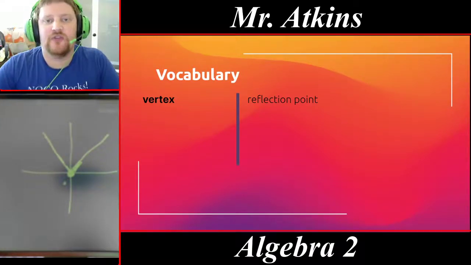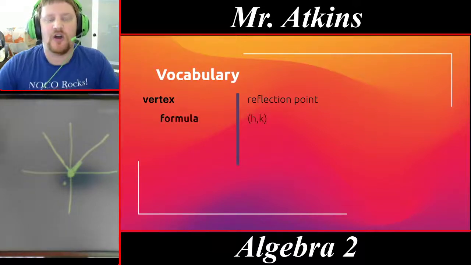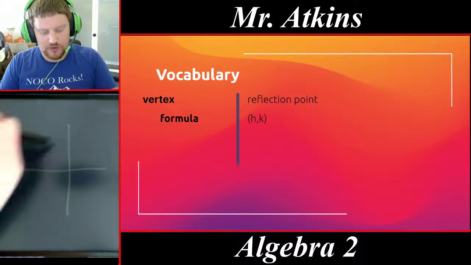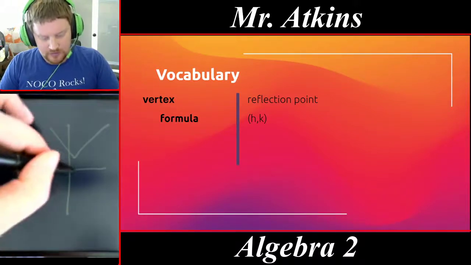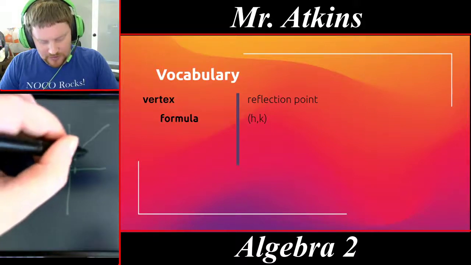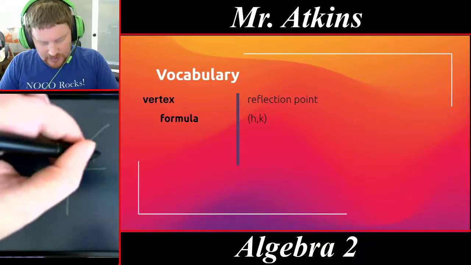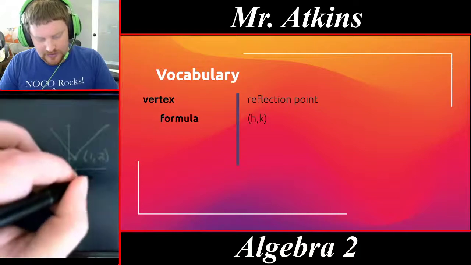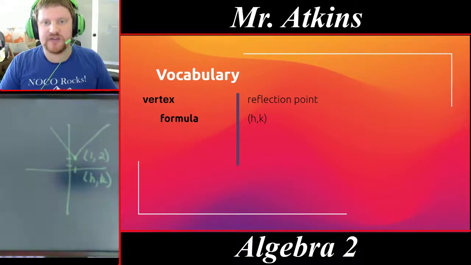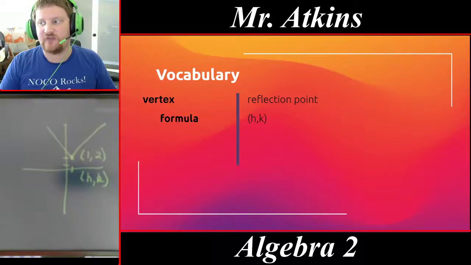The formula for that vertex point we call h comma k. So on a traditional one, if this is 1 over and 2 up, then our vertex point is at 1 comma 2, then this is h comma k, and we can just plug that into the equation like we have been doing.